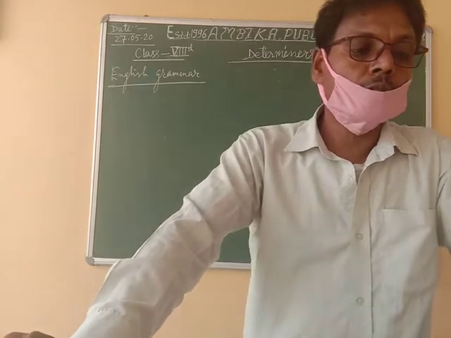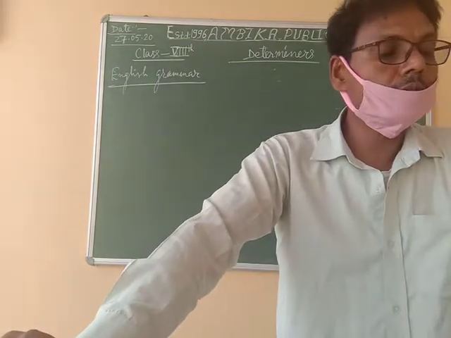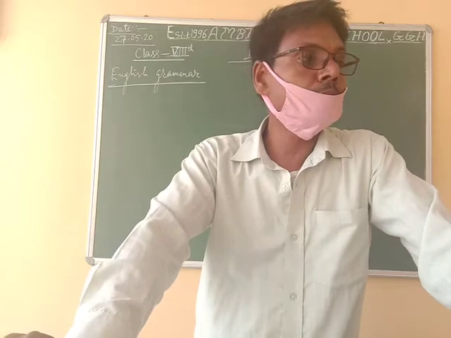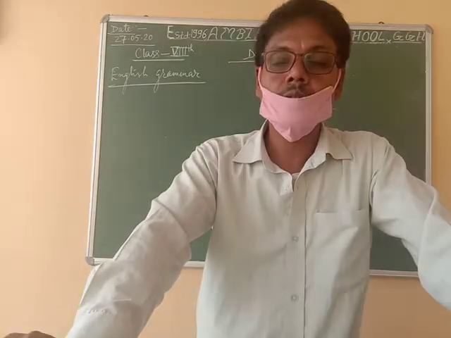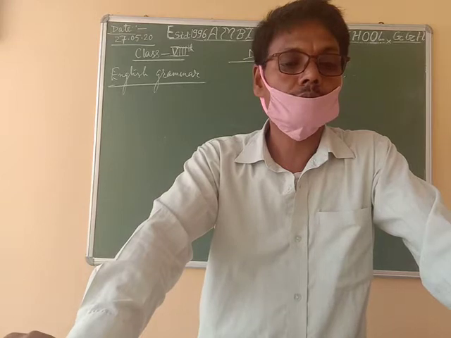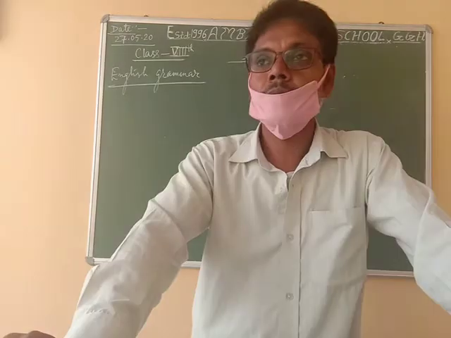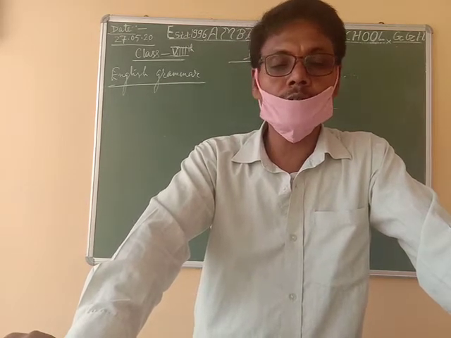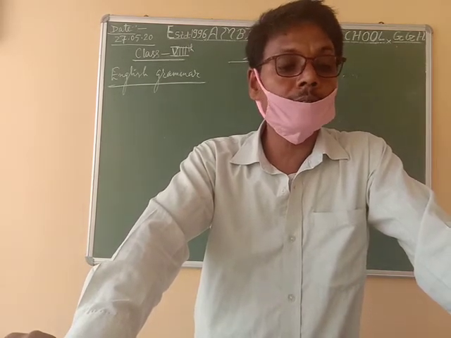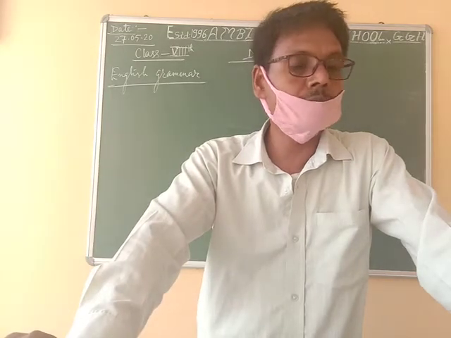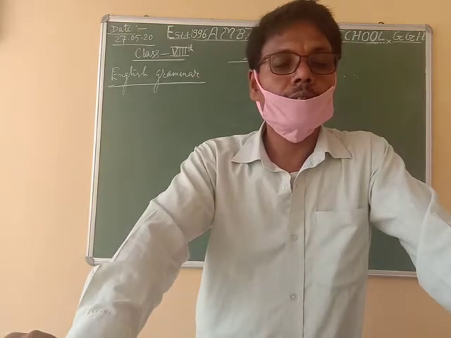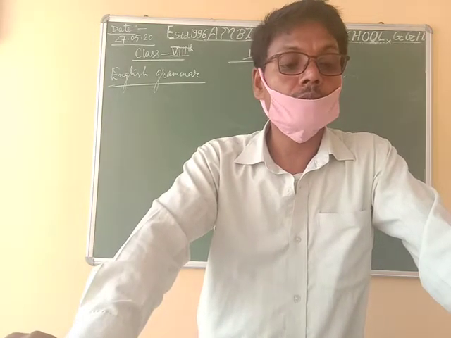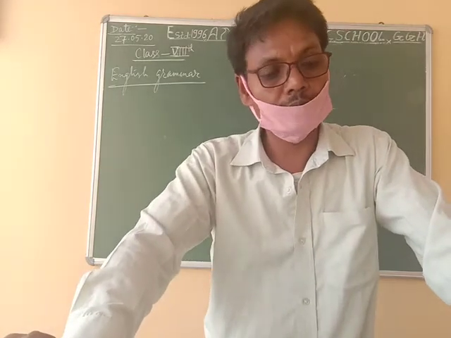Okay. So second rule. What was the first rule? A and AN are used before a countable noun in the singular number. Understand? Some examples were written by me, and through examples we understood the facts of countables in the singular number.